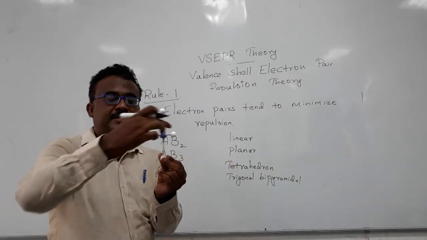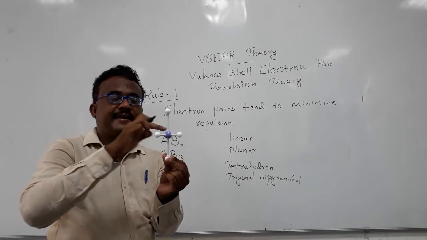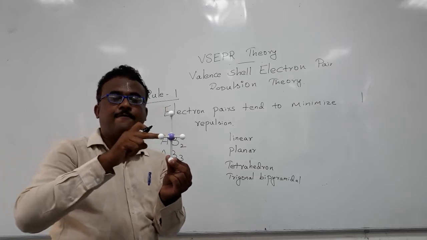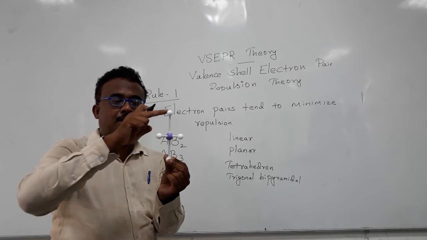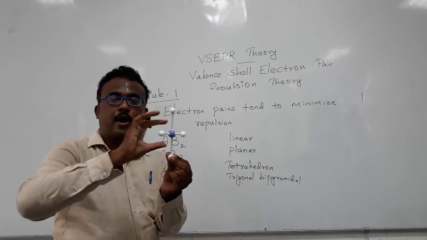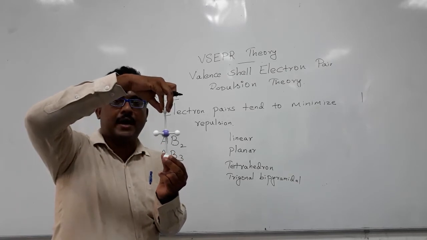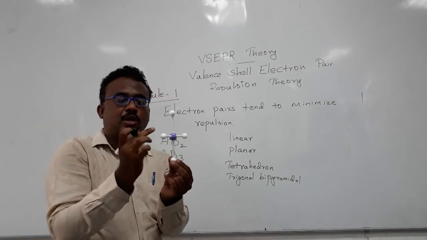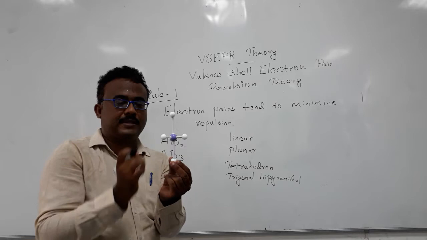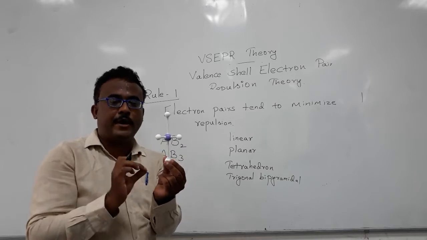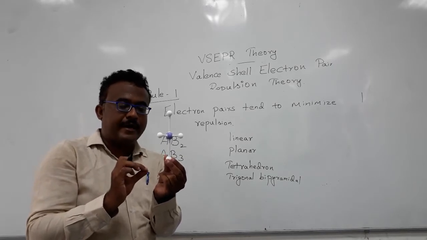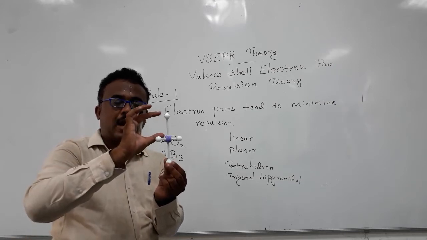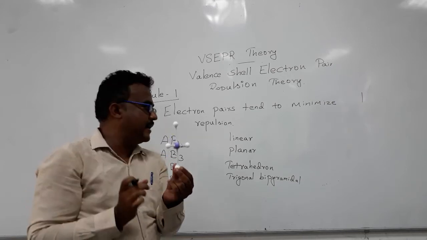In TBP geometry, 3 atoms are attached in a plane with a bond angle of 120 degrees. The 2 atoms which have longer bond length are called axial atoms, and the other 3 atoms are called equatorial atoms. It has 2 different types of bond angles as well as 2 different types of bond length. Axial bond length is always longer than equatorial bond length.